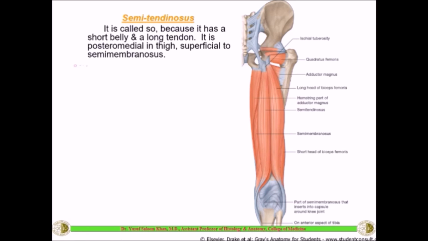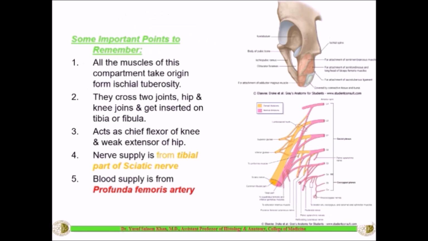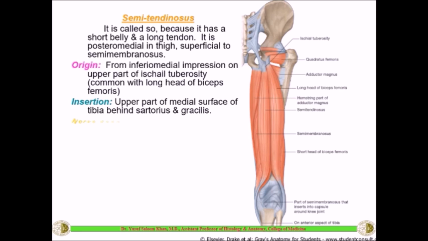This is the semitendinosus. Origin of this muscle, as I said before, all these muscles take origin from the ischial tuberosity. So this also takes origin from the ischial tuberosity, from the inferomedial impression of the ischial tuberosity, along with the long head of the biceps.